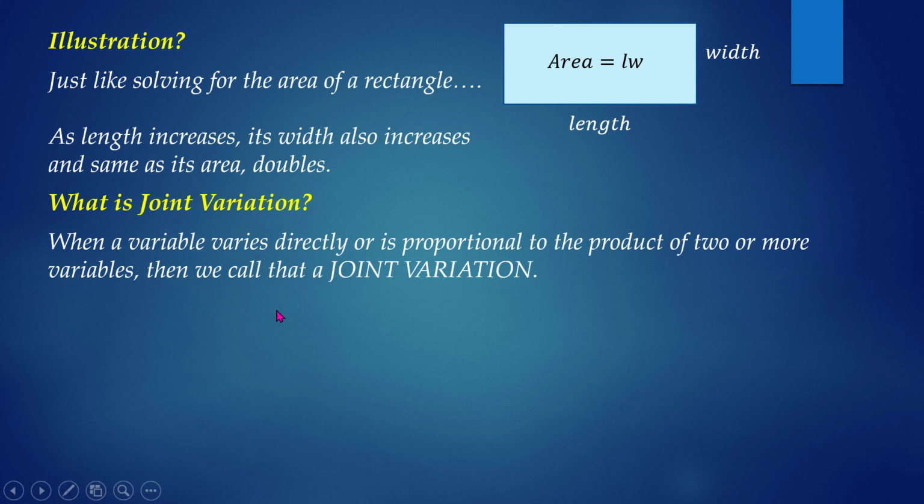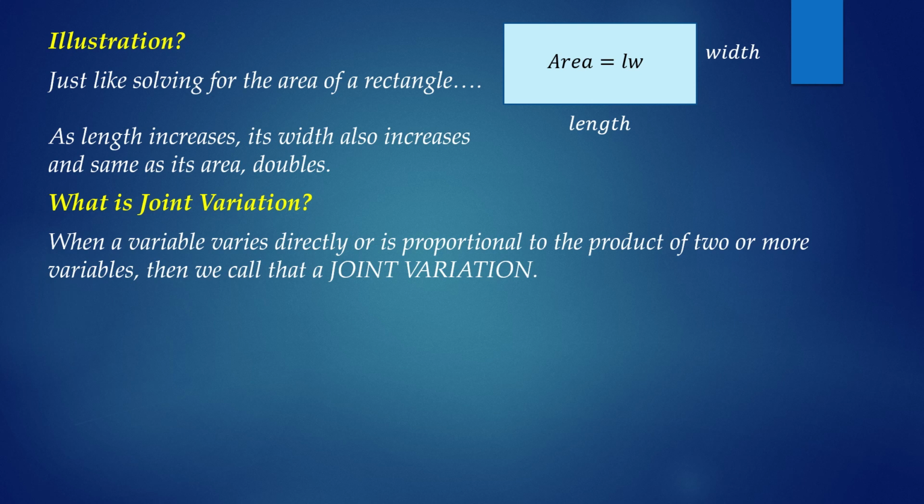When a variable varies directly or is proportional to the product of two or more variables, then we call that a joint variation. So, ang pag-compute sa area is dependent variable. Dili na ma-determine ang area kung walay given nga length ug width.